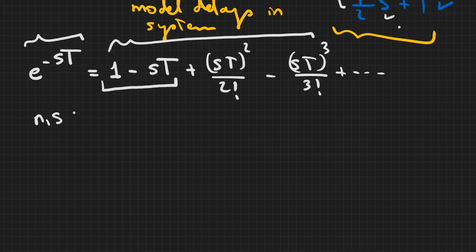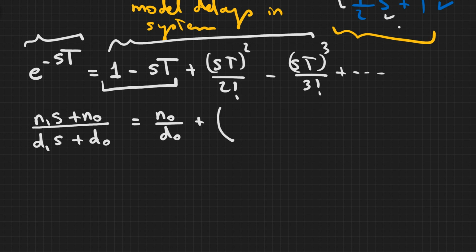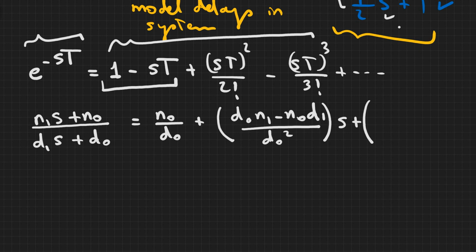If you have a general rational function which looks like this, n0 plus n1 s divided by d0 plus d1 s, so this is the numerator and denominator, it can be shown that the power series expansion of this rational function looks something like this: n0 over d0, plus the next term divided by d0 squared multiplied by s, and then another term, d1 squared n0 over d0 cubed minus d1 n1 over d0 squared, multiplied by s squared, and so on.